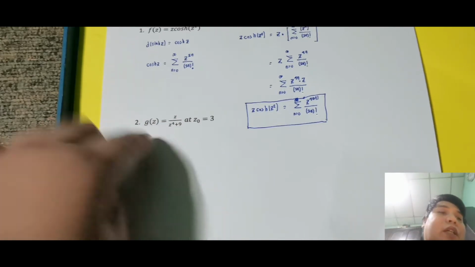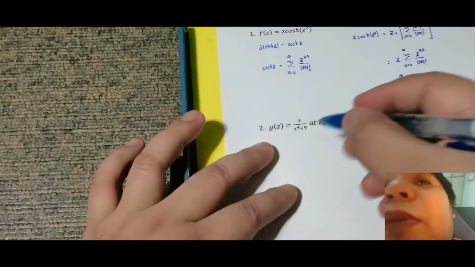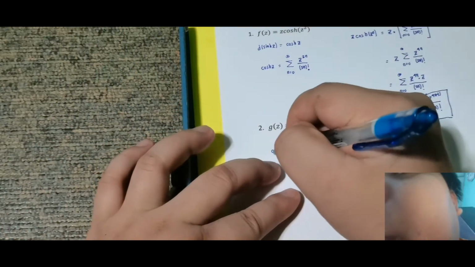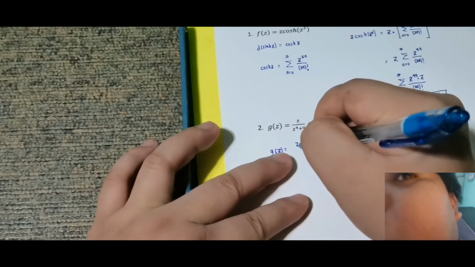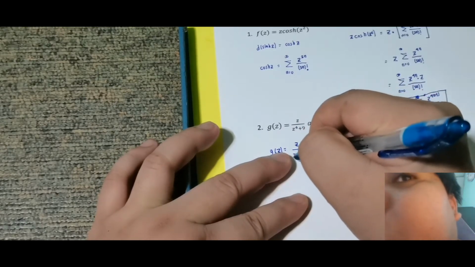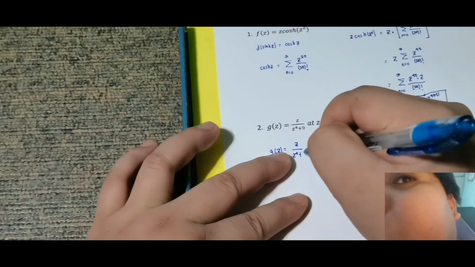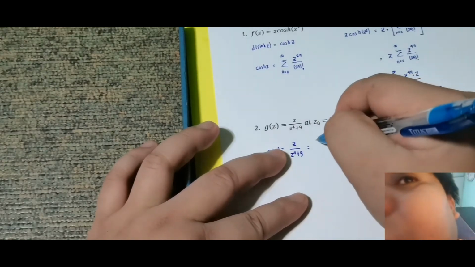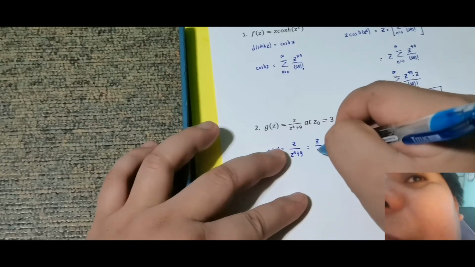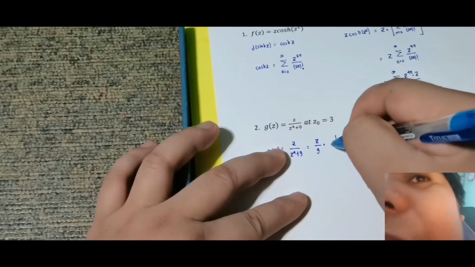Okay, so for example, pwede kong gawin ganito, yung g of z is equal to z over z to the 4 plus 9. Ang gagawin ko, ipa-factor out ko dito yung z sa taas, tapos sa ilalim 9. So may matitirang 1 sa taas.